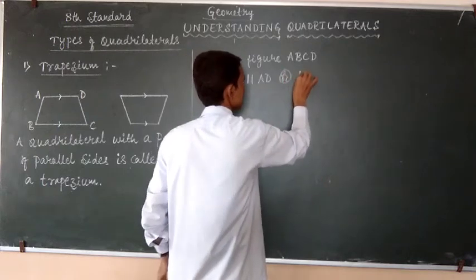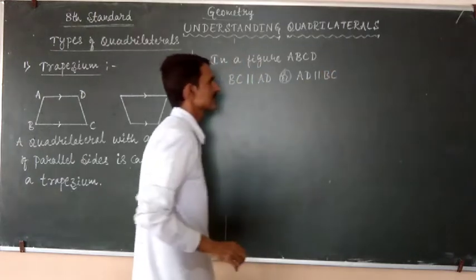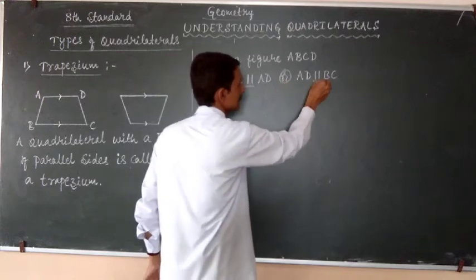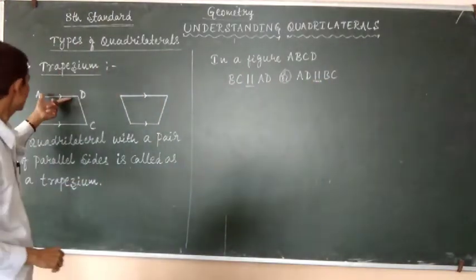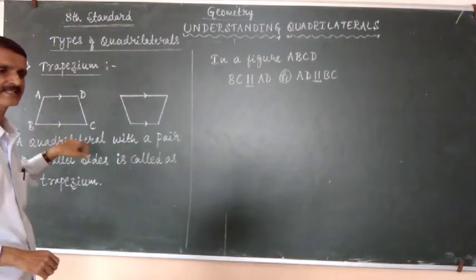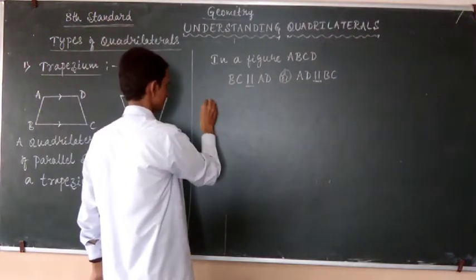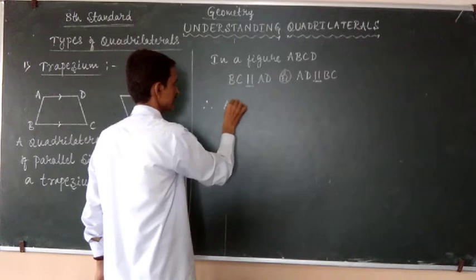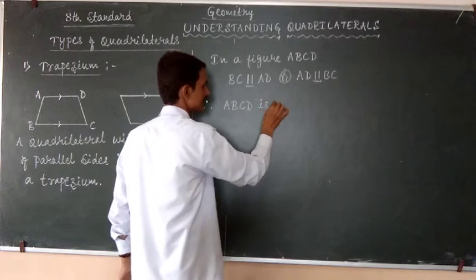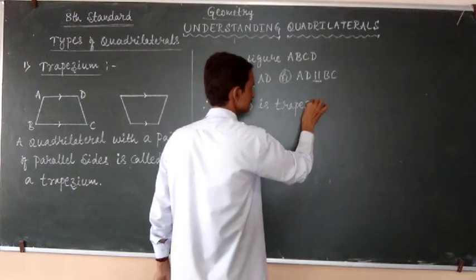This symbol indicates parallel lines. One pair is parallel, therefore ABCD is a trapezium.